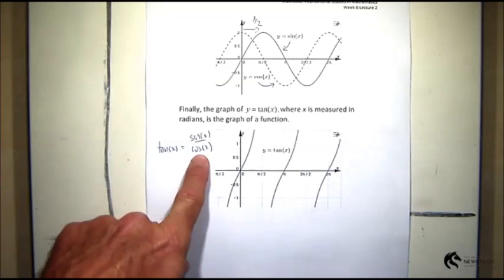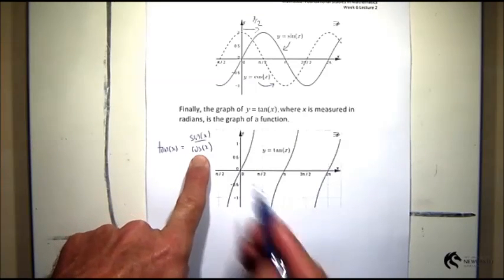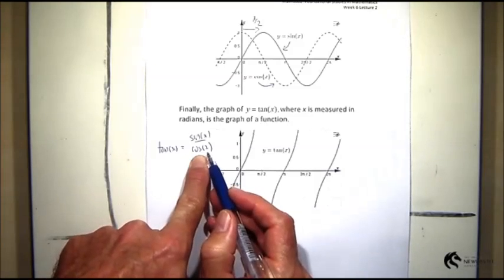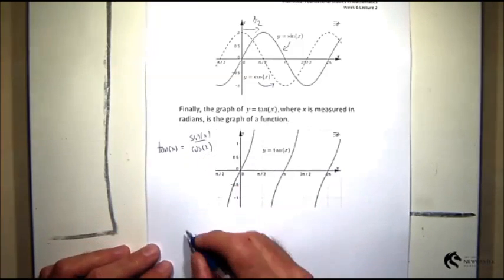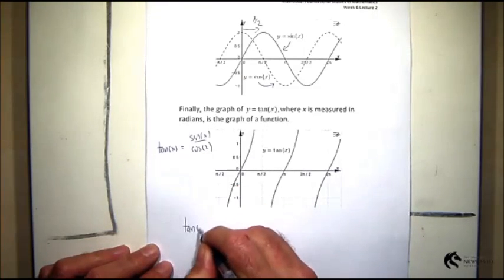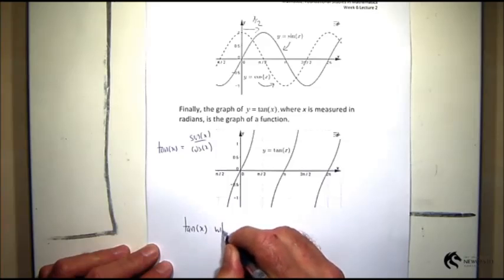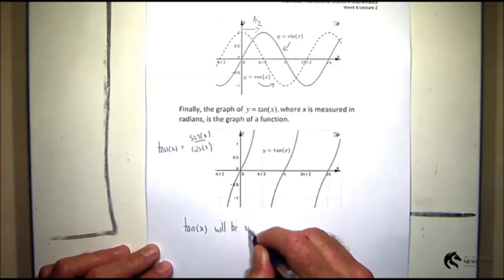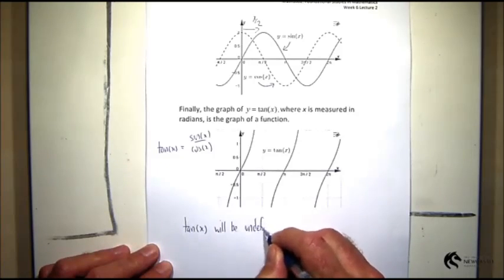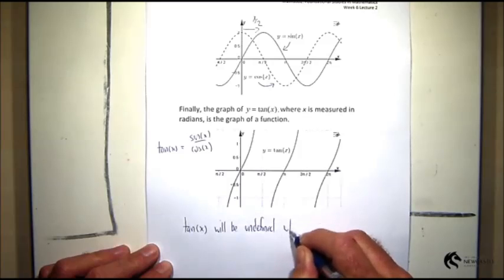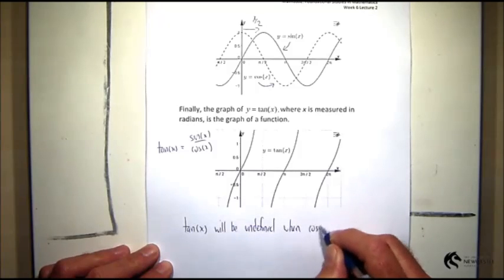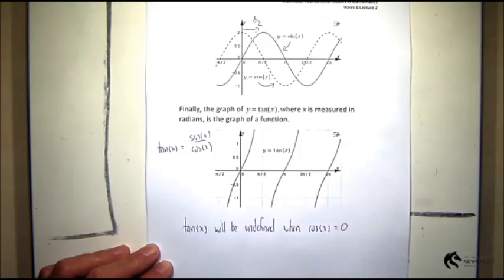In here, it seems therefore that I cannot calculate the tan of x whenever the cos of x is 0. So tan x will be undefined when cos x is equal to 0.